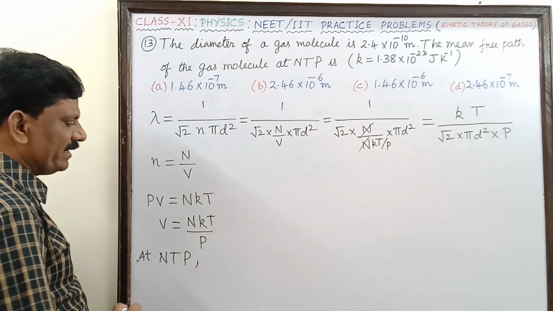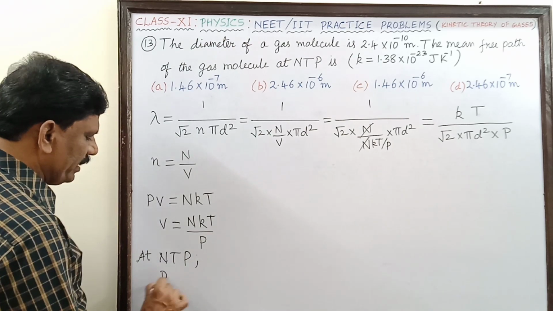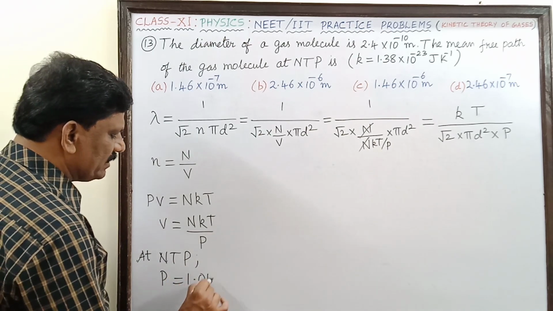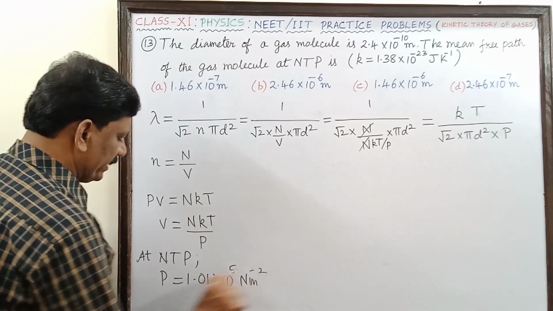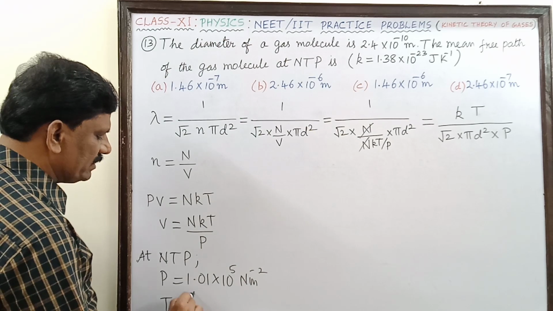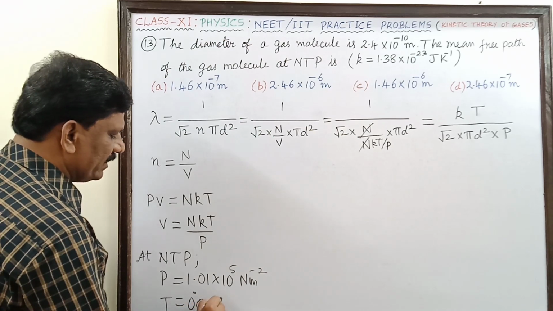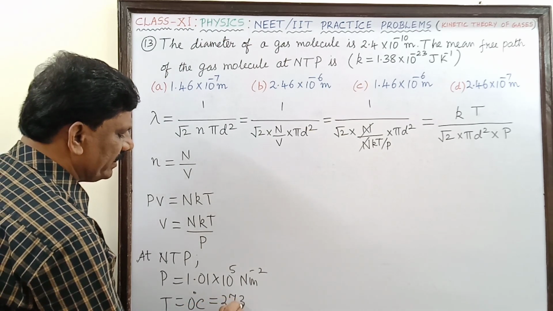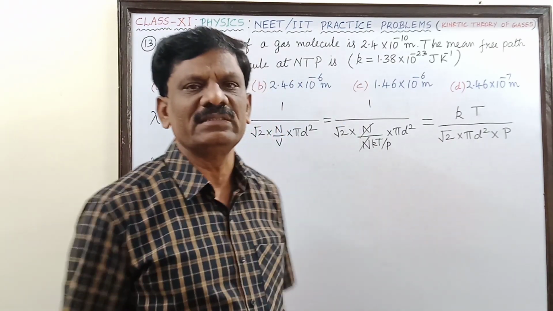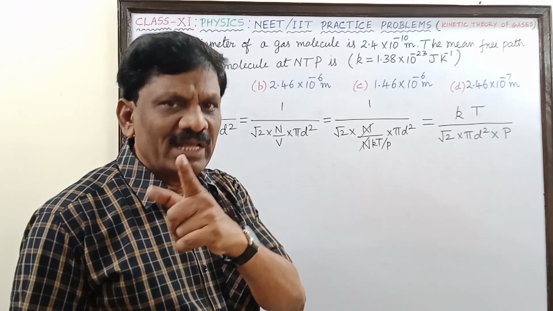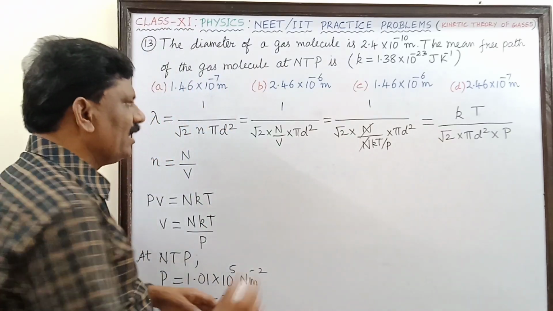At normal temperature and pressure, P is equal to 1.01 × 10^5 Newton per meter square, and the temperature is equal to 0 degrees Celsius, which is 273 Kelvin. That is indirectly given. We must remember, they won't give the values. Then what else is given?